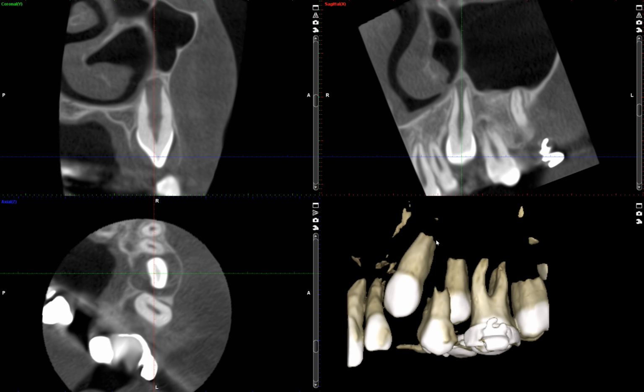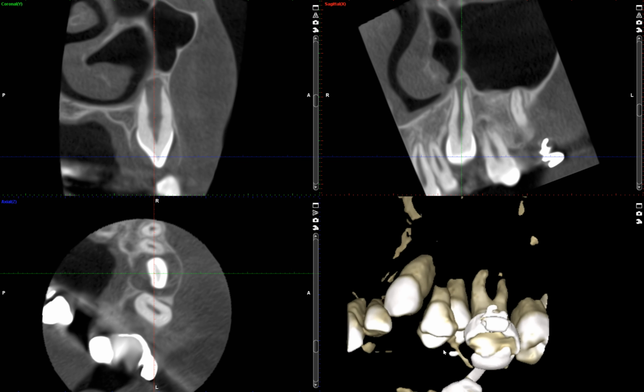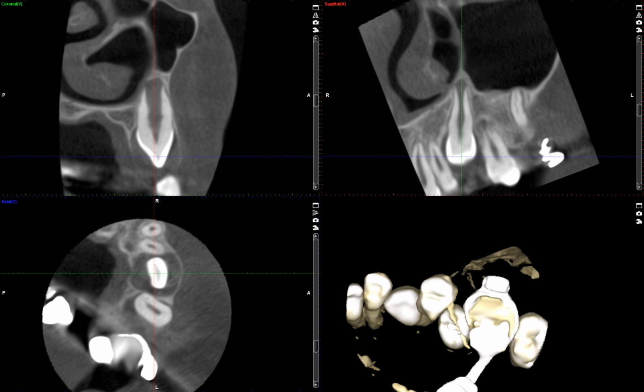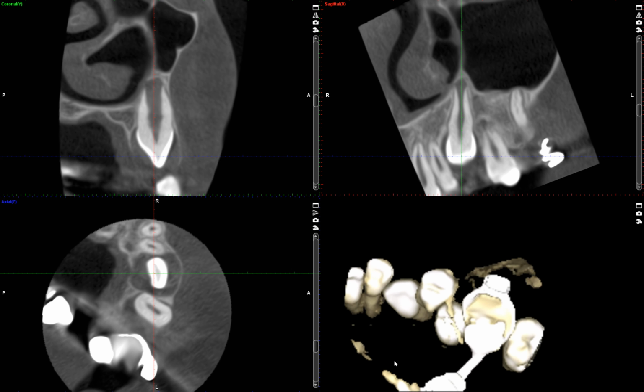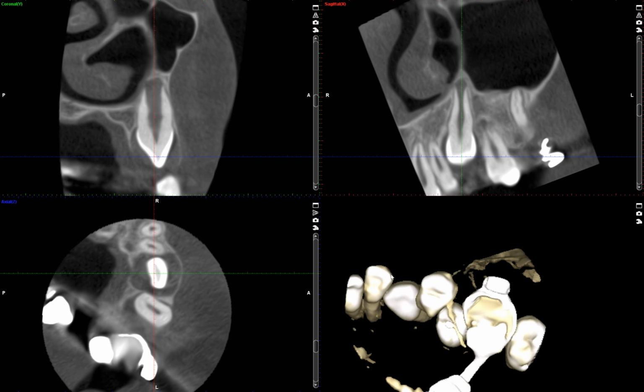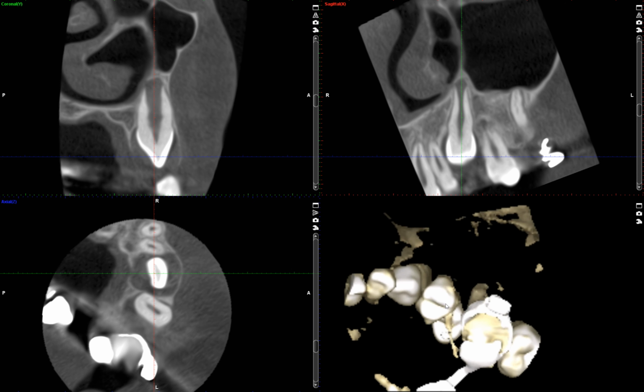In addition to the impacted or unerupted tooth number 11, what I want you to see is the position of these two premolars. Given the amount of space that we have from distal of 10 to the mesial of 14, I hope you can all agree that there's rather severe crowding occurring here, and there's just not enough room for all three teeth to erupt.